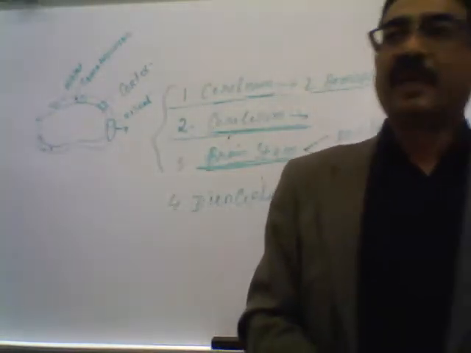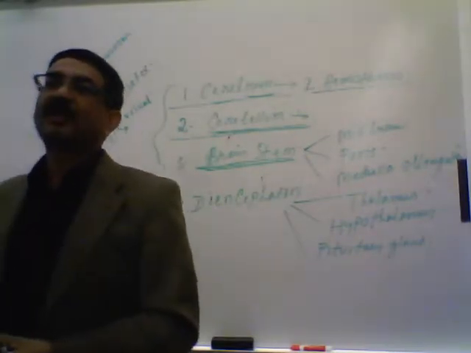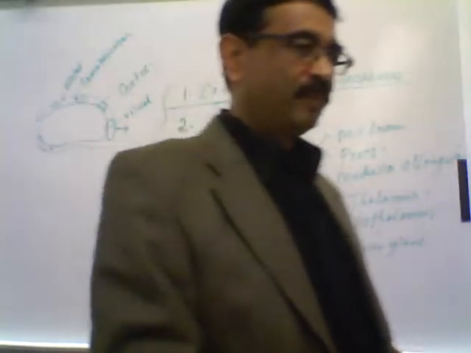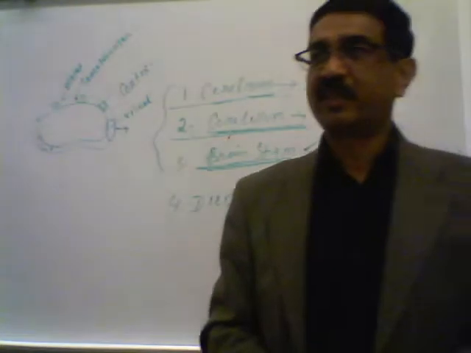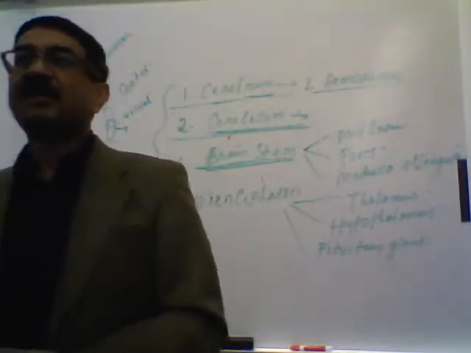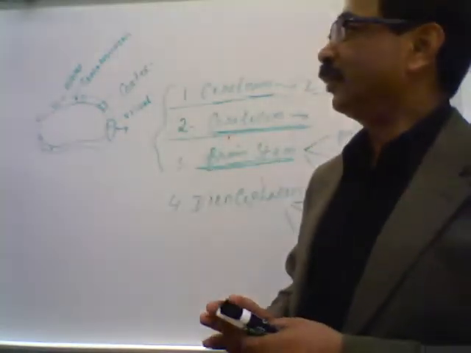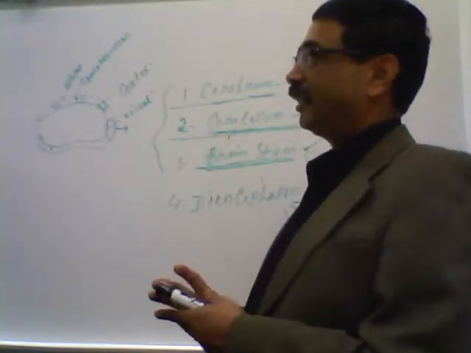Those important regulatory centers are present in the brainstem. You know that cardiac center regulates the heart. Respiratory centers regulate the respiration, breathing, right? So those are very vital functions.